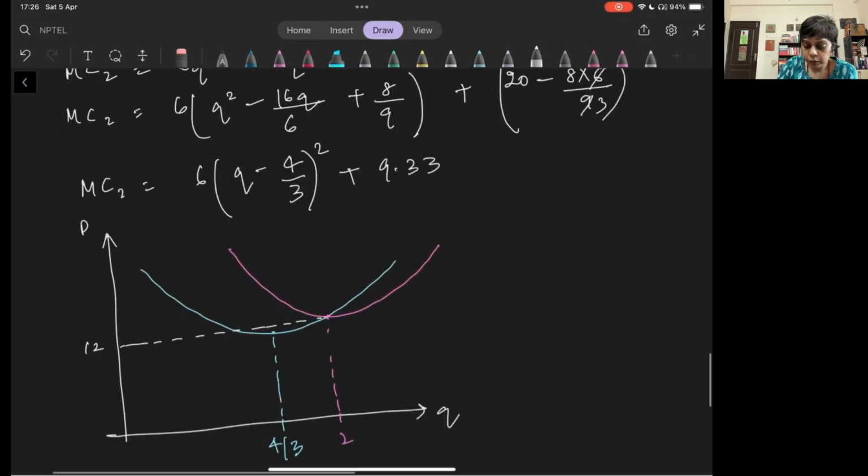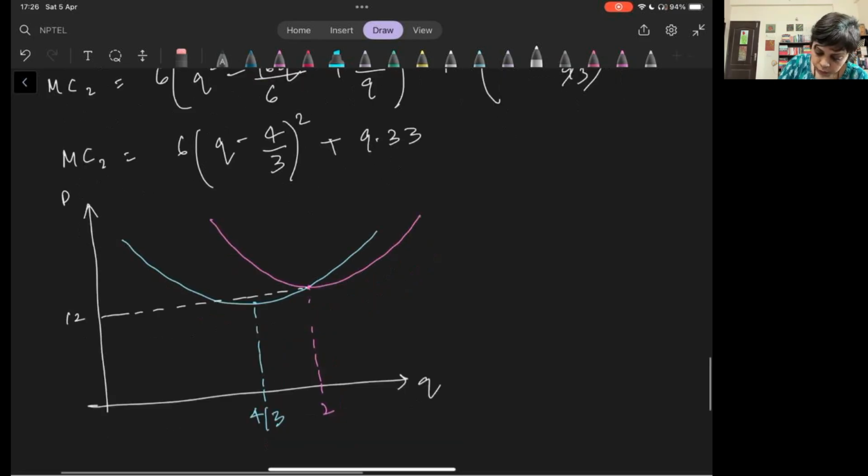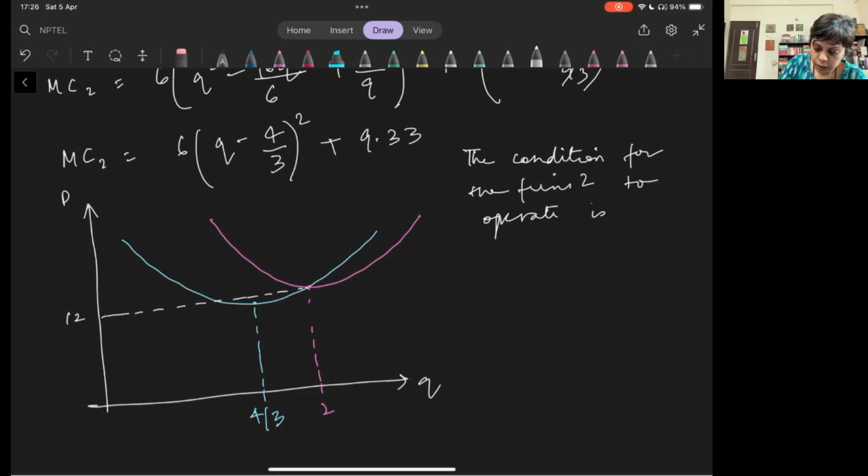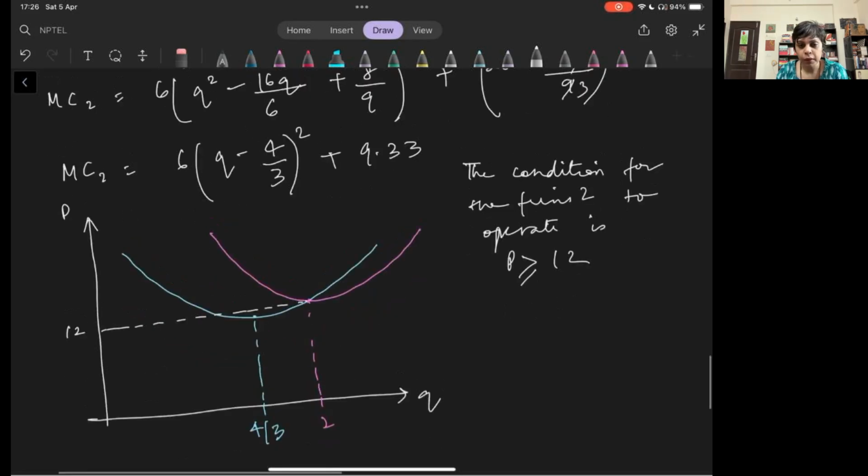The condition for the firm to operate is P is greater than or equal to 12. This 12 is what we found at the point where the marginal cost curve is intersecting the average variable cost curve.